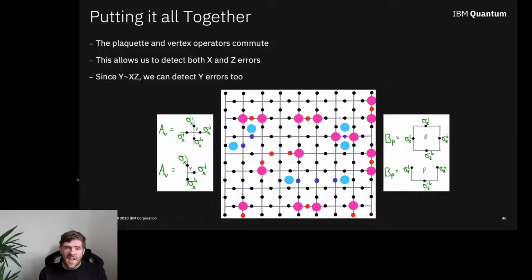And because the XXXX and the ZZZZ observables that correspond to these measurements commute, they can be done simultaneously and they don't mess each other up. The reason why they commute is because if we look at any plaquette and the vertex next to it, they always overlap on an even number of qubits. So just like XX and ZZ commute, so do all of these plaquette and vertex operations.